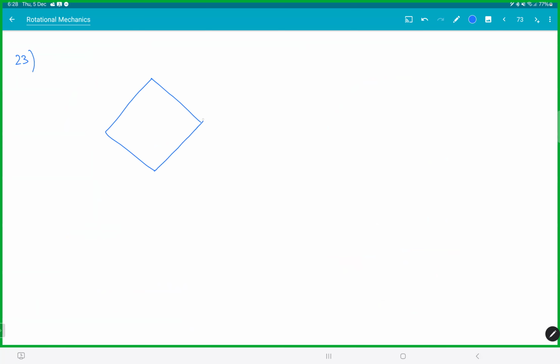We have a square frame here. Square frame, not a square plate. Four identical rods, mass M, length L. So they're rotating about this axis of rotation.